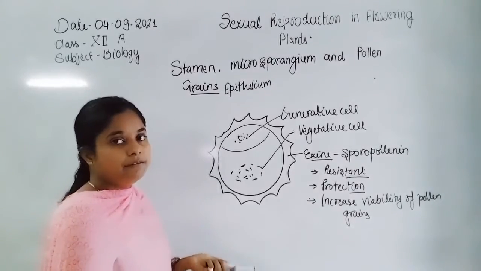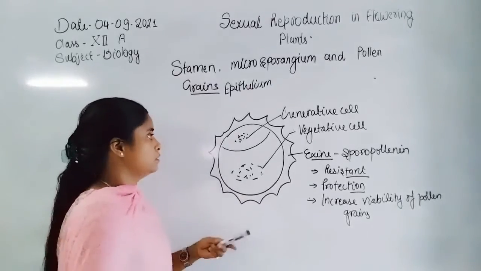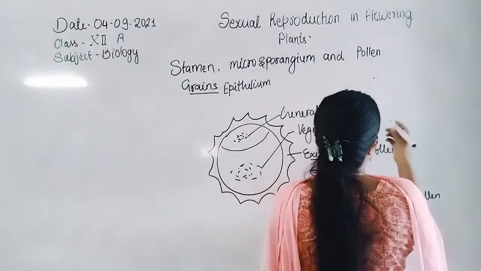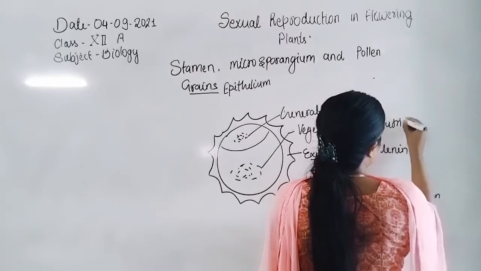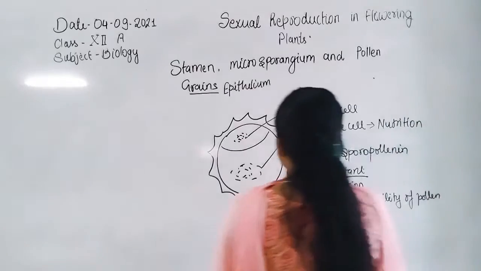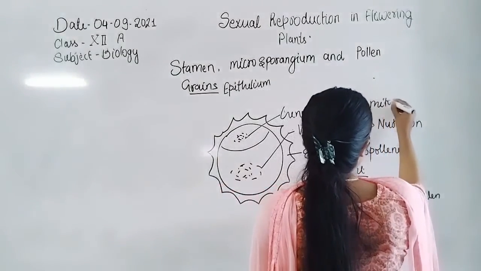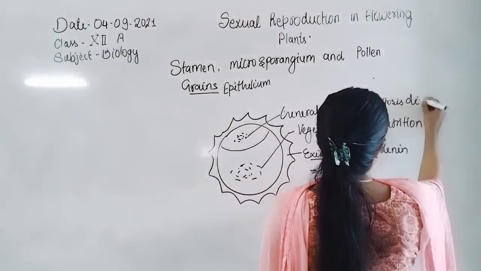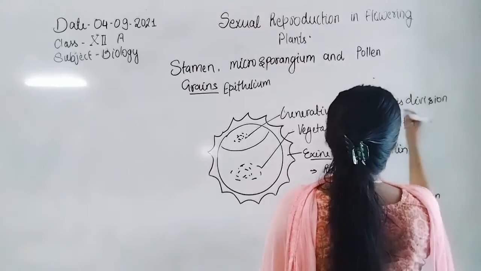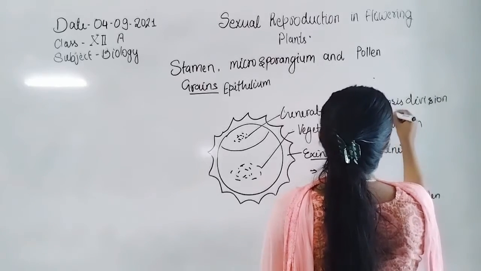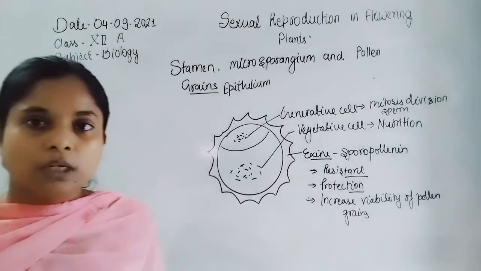The vegetative cell helps in nutrition; it provides nutrition to the developing sperm. The generative cell mainly undergoes mitosis division to form sperm.